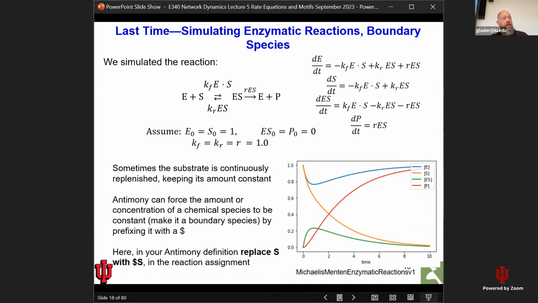If you have this running, you could try what happens if you make Kf much smaller, make it 100 times smaller. And you'll see that the final values of S and P don't change. The exponential decay of S and the exponential growth of P don't change, saturation. But that early time behavior will be radically different if you change that.